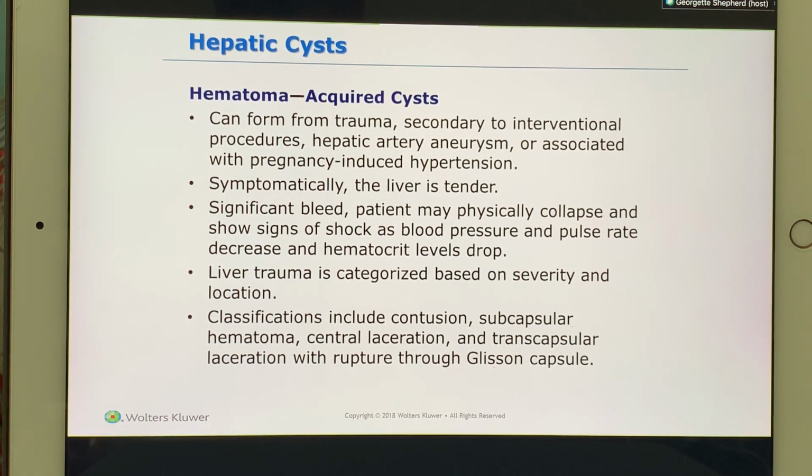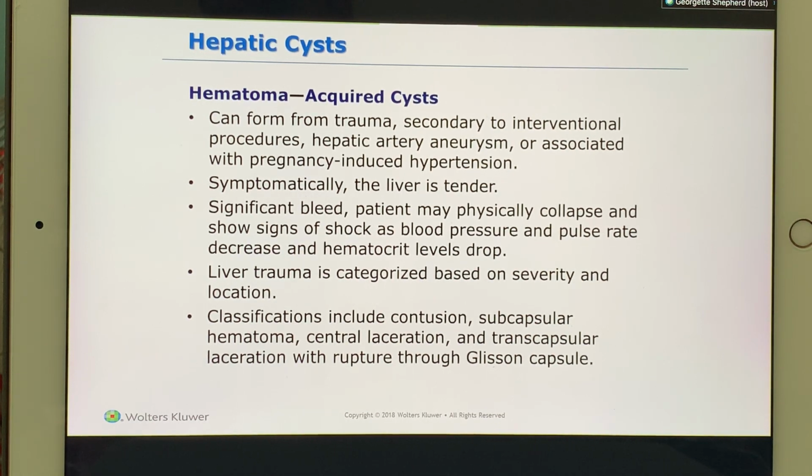Symptomatically, the liver will be tender. If it is a significant bleed, the patient can go into shock and have low blood pressure. Your pulse rate will decrease, and your hematocrit will also drop due to blood loss.